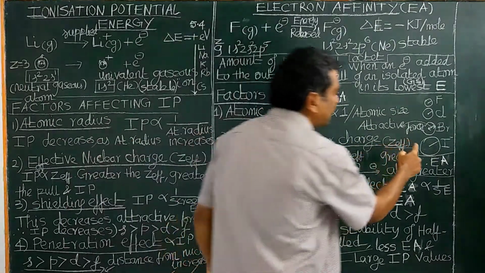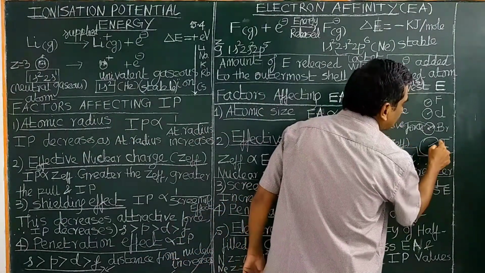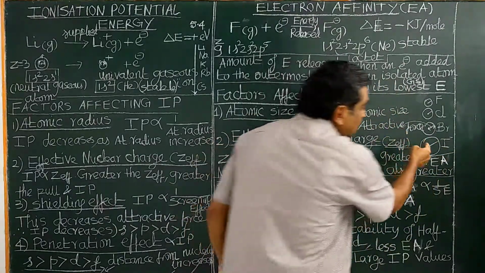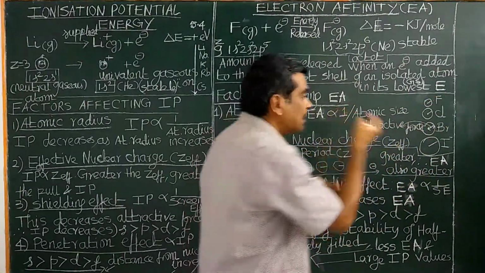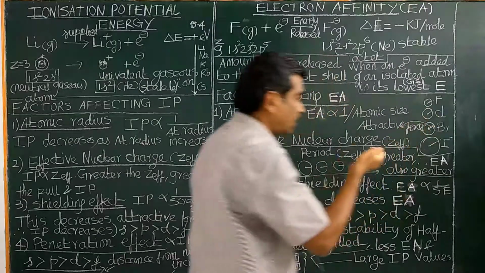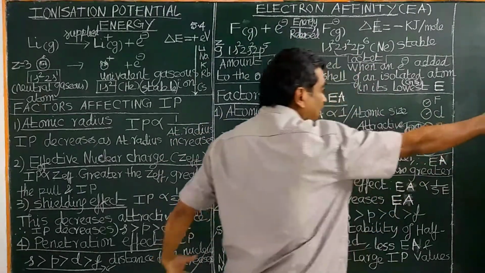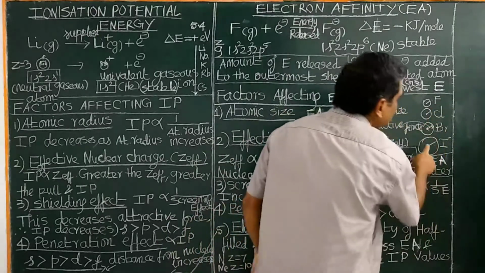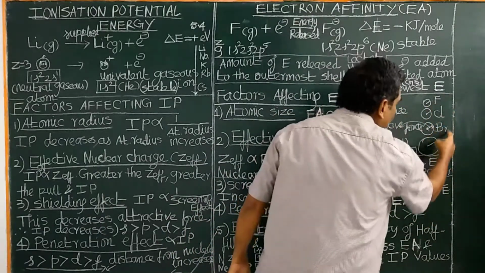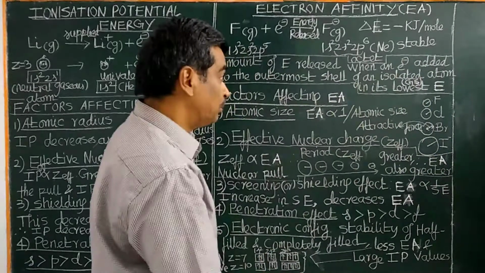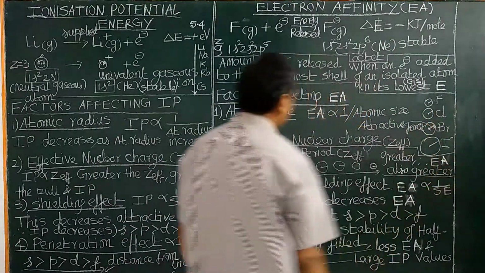Therefore the nuclear attraction will be less on the added electron, because it is far away from the nucleus. Therefore, it has less tendency to accept an electron, and electron affinity decreases as we move down in the group.